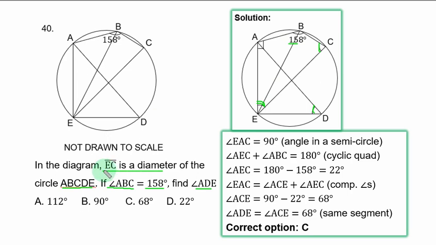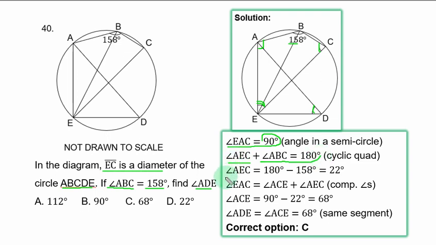Since EC is a diameter, it means this angle is 90 degrees, angle in a semicircle. So you have angle EAC to be 90 degrees. So if you add angle AEC, using 3 letters notation, plus angle ABC, the sum is 180 degrees, cyclic quadrilateral.